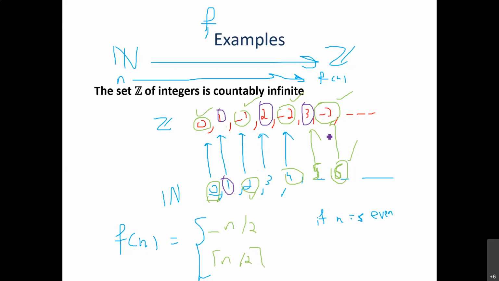So this is what countably infinite means. You were able to find the bijection from the set n to the set that you're working with. So countably infinite just means that the set you're working with has the same size as n. Okay?